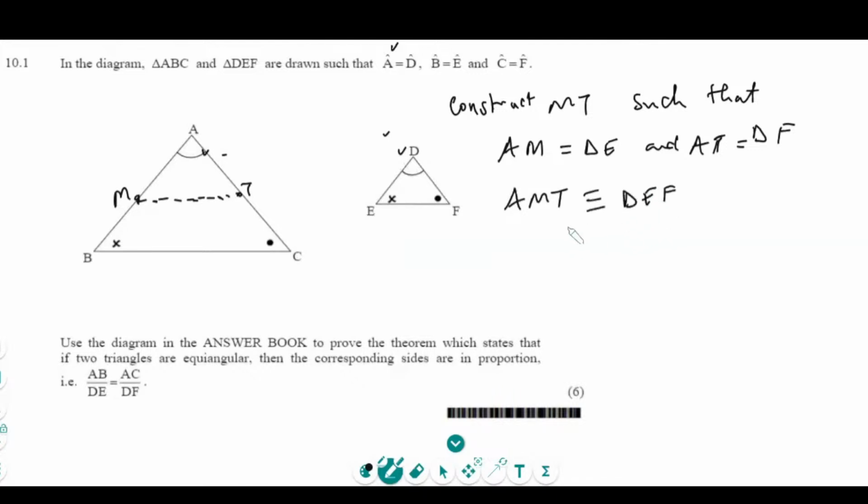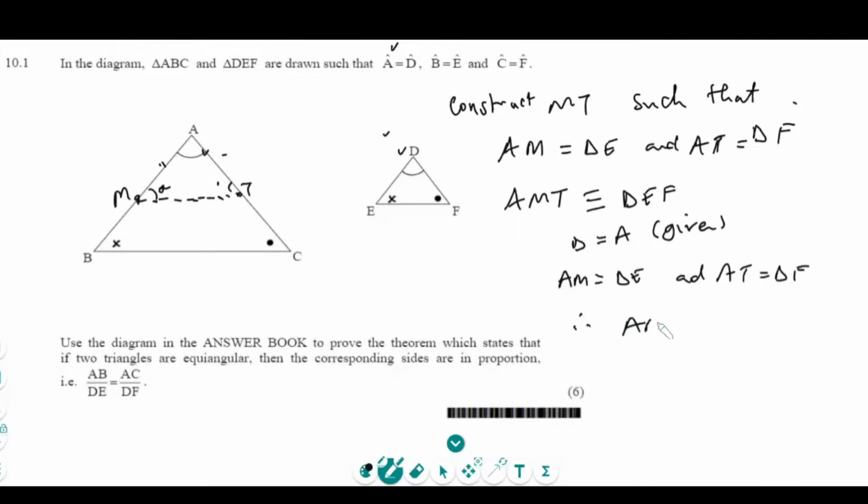Okay, so we shall say that this is X, and then that is that. So D is equal to A, that was given. So for as long as we have this condition that these sides are the same as that side, which means even the angles are going to be in the same proportion. So we are saying AM is the same as DE, and then AT is the same as DF.